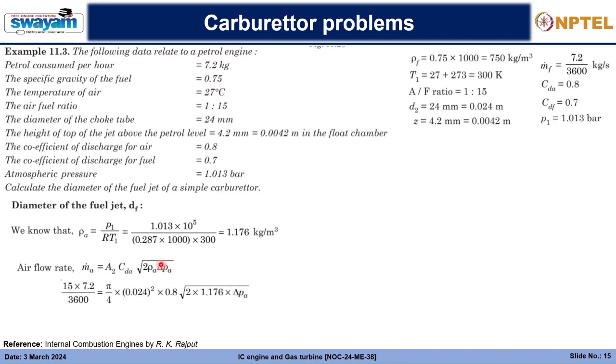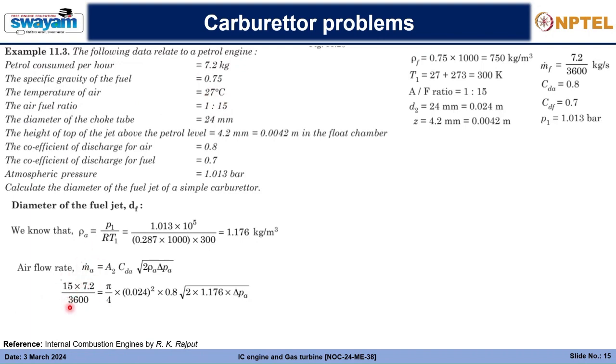So if we put in the values, the airflow rate is already given as 15 into 7.2 divided by 3600. Here 7.2 is the petrol consumed per hour, 7.2 kg per hour. 7.2 divided by 3600 gives kg per second, and we multiply with 15 to get the mass flow rate of air, because the air-fuel ratio is given as 1 is to 15.